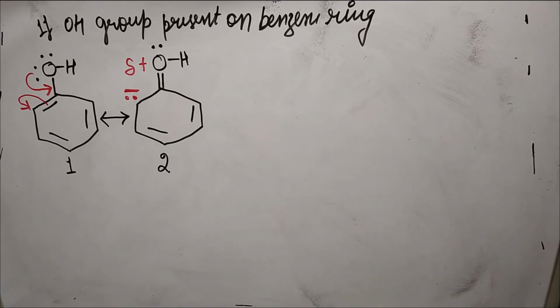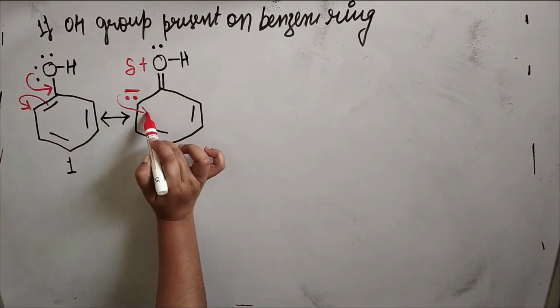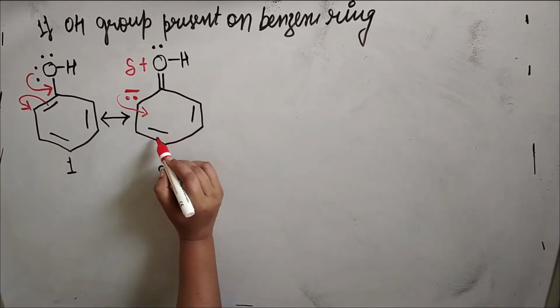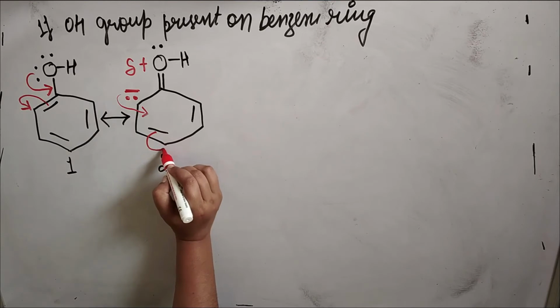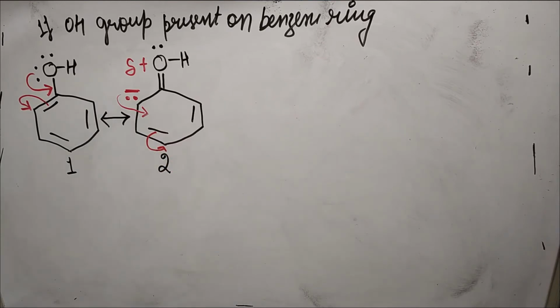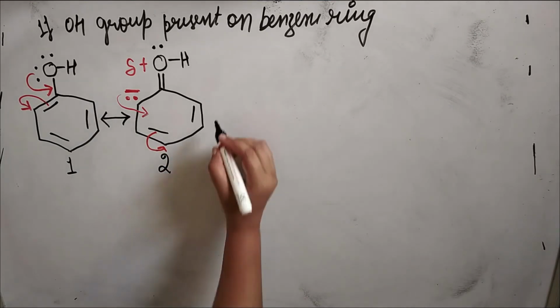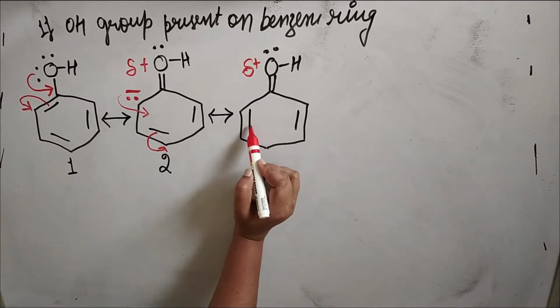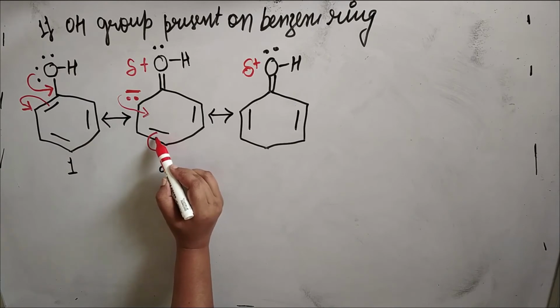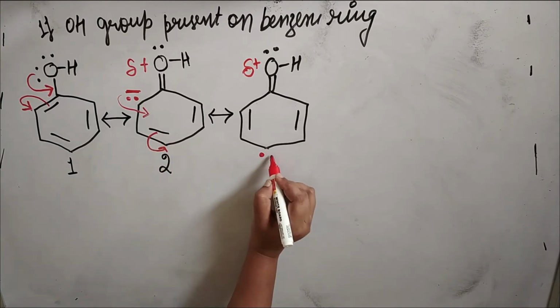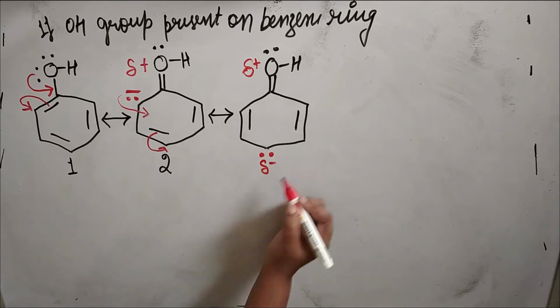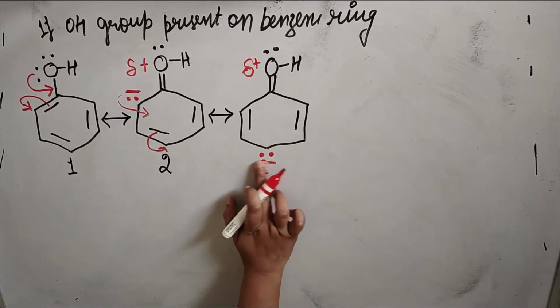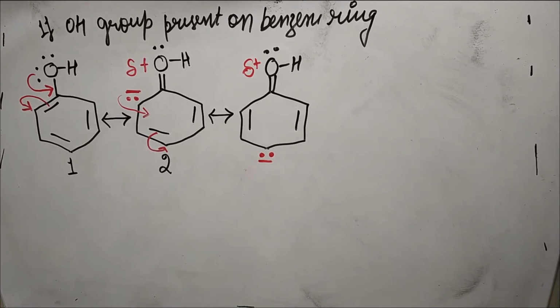Now again due to resonance, the shifting of electrons will occur and these electrons will enter the ring, and to maintain the electron density, these electrons will move to the para position. So in the third structure, because the electrons enter the ring, a double bond is formed, and as this bond breaks, the electrons go to the para position and it acquires a negative charge. So this is the third structure.